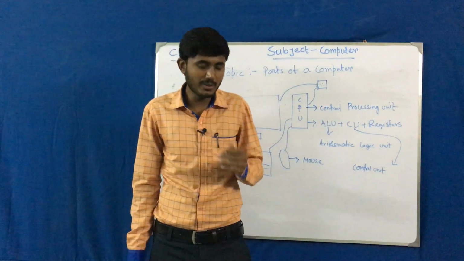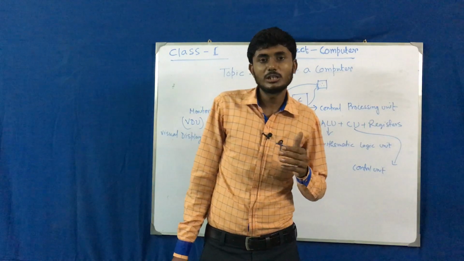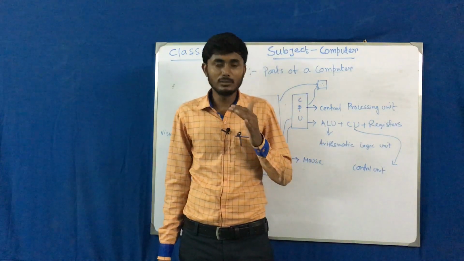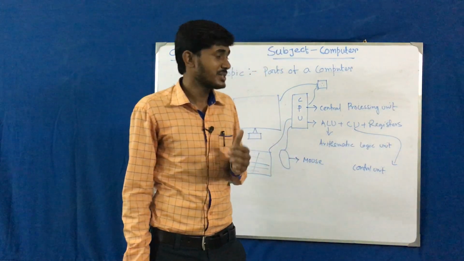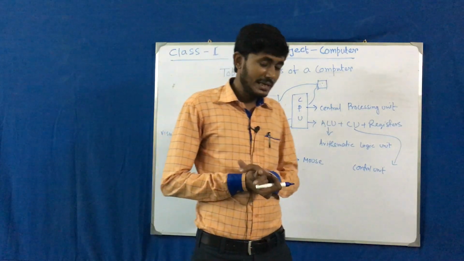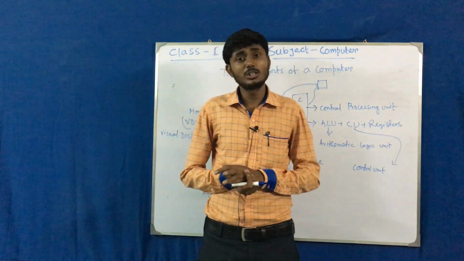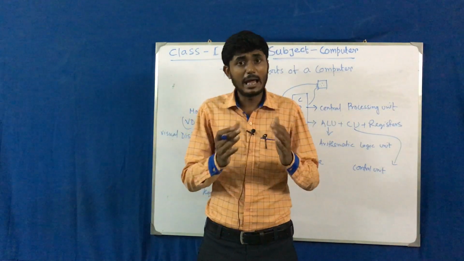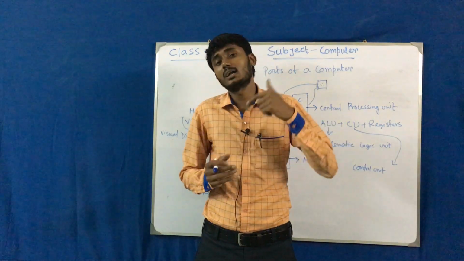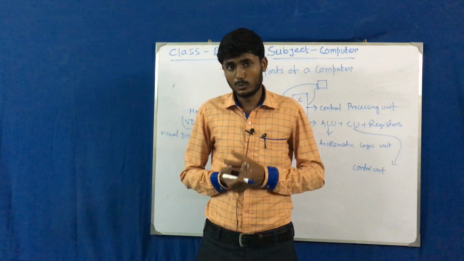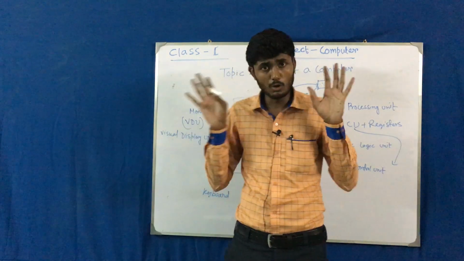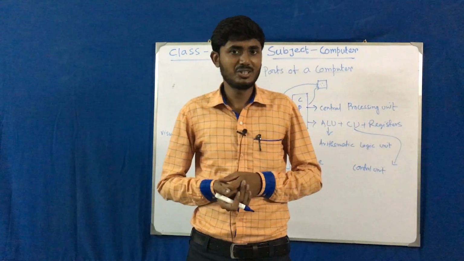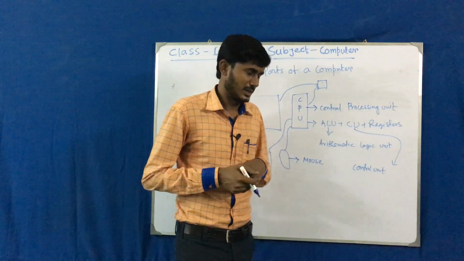It consists of three parts: ALU, arithmetic logic unit; CU, control unit; and the registers. Registers can store the data. What is ALU? All the arithmetical and logical operations are done by ALU. And what is CU? CU controls the overall operation, and registers can store the data.